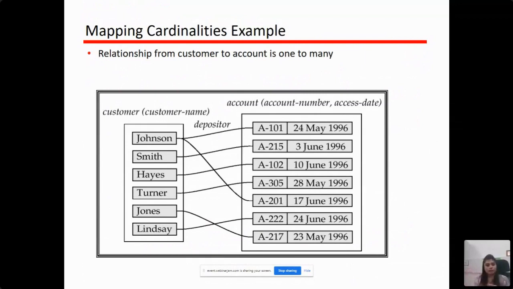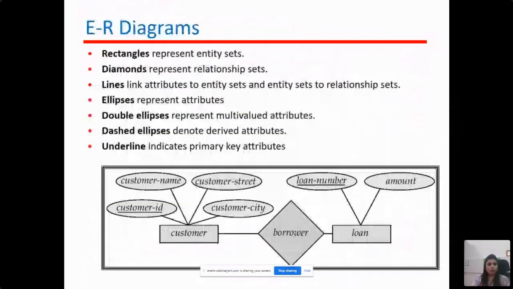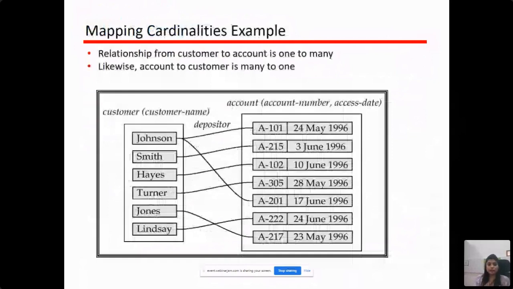But generally, when we are designing the database, we need to keep the constraint that one account cannot be linked to multiple persons unless they are family members or a joint account is opened. So the relationship from customer to account is one-to-many, and from account to customer, many accounts are linked to one customer. So that becomes many-to-one.